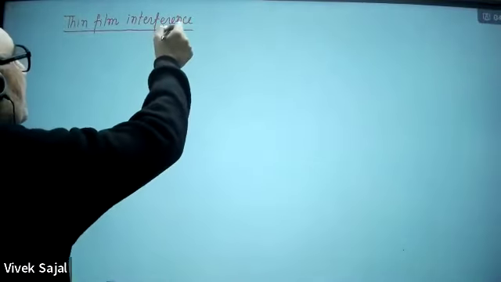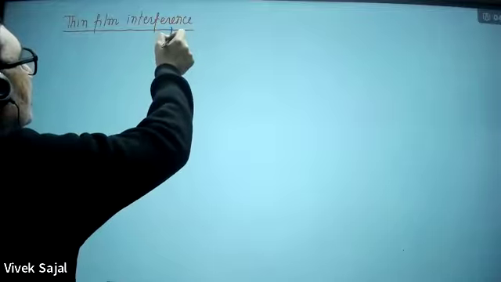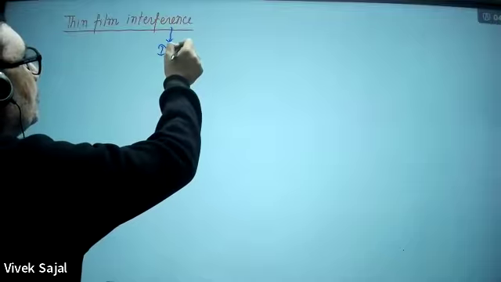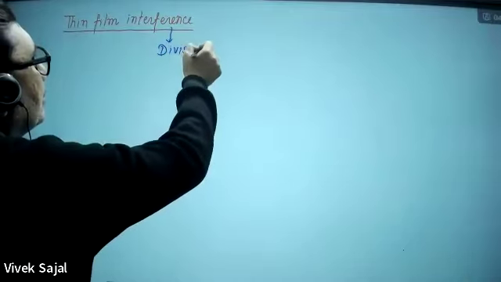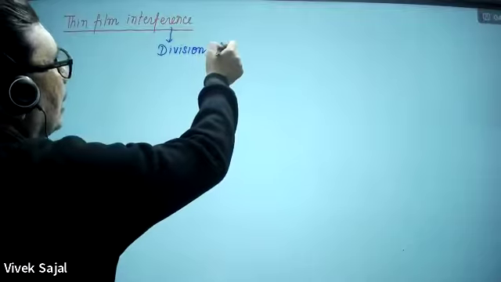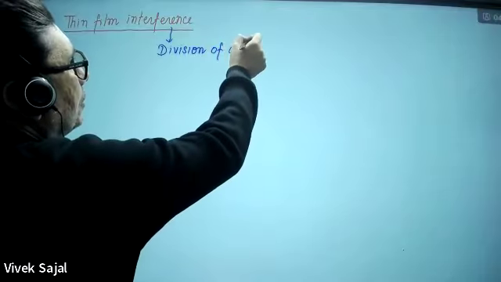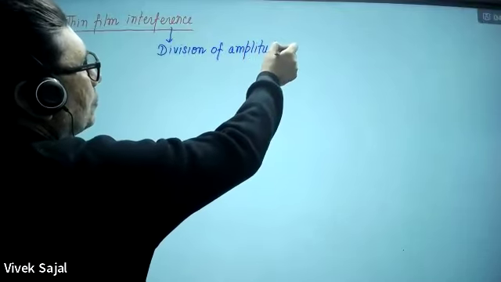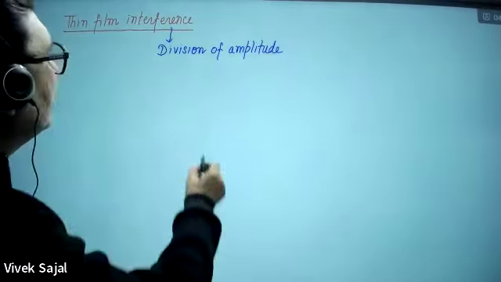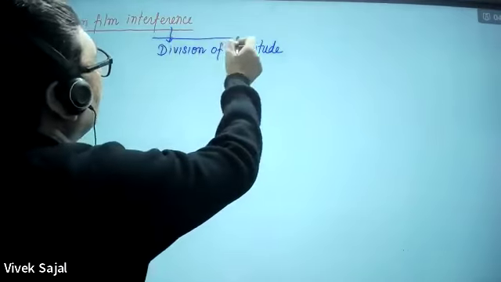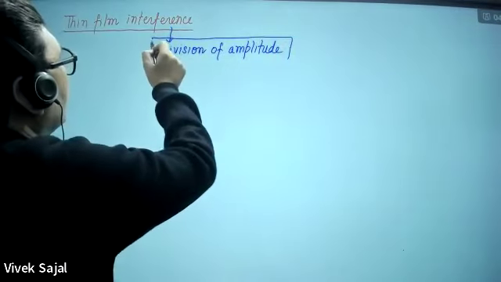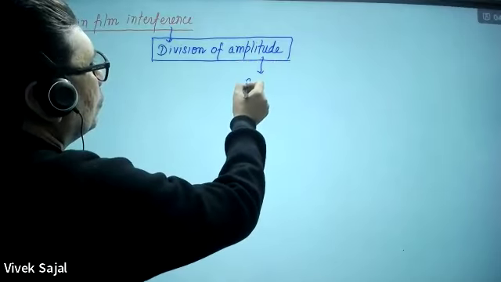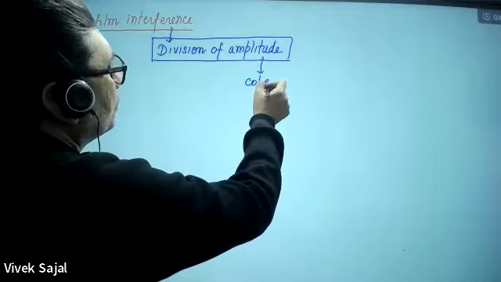For thin film interference, remember that division of amplitude takes place, and two coherent sources are produced. So by using this method, division of amplitude, coherent sources are created.